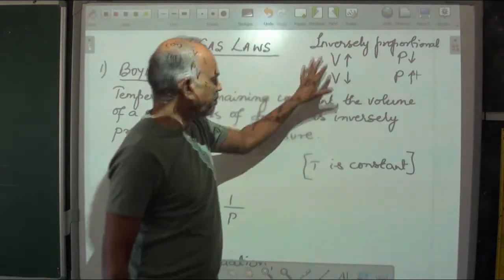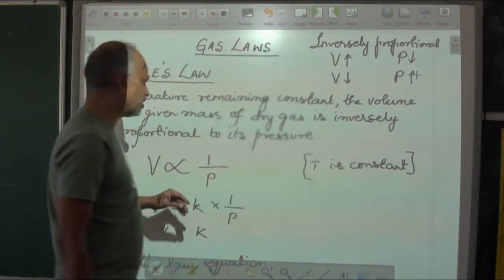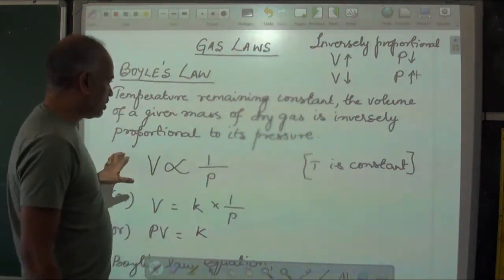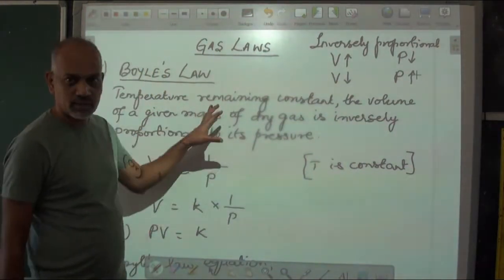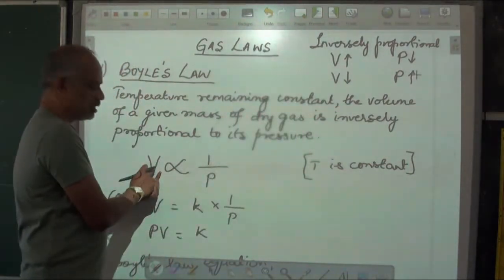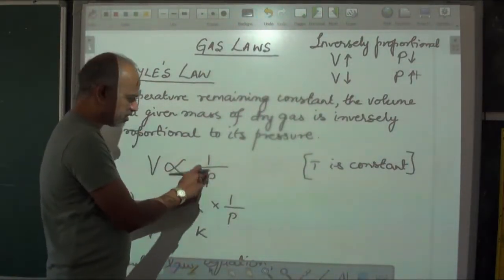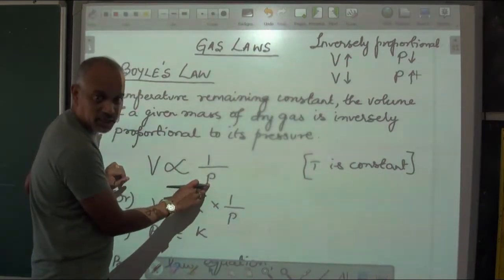Keeping temperature constant. Now, this is the relationship that you get from Boyle's law. That is, if the volume increases, then the pressure will decrease. So that's why the pressure is in the denominator.